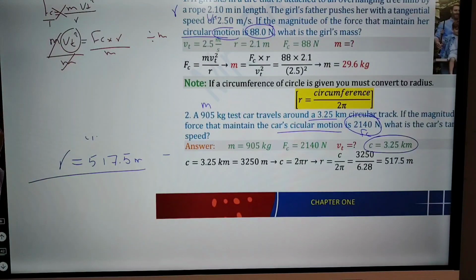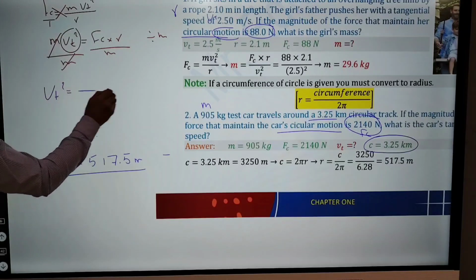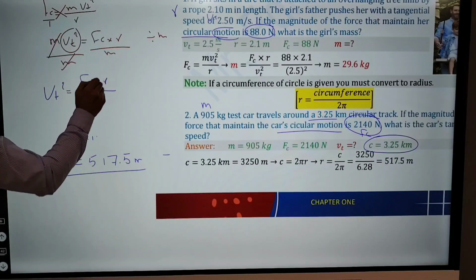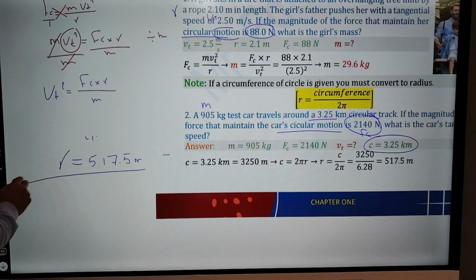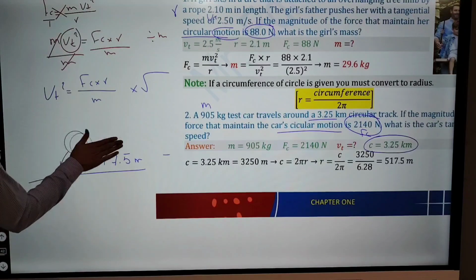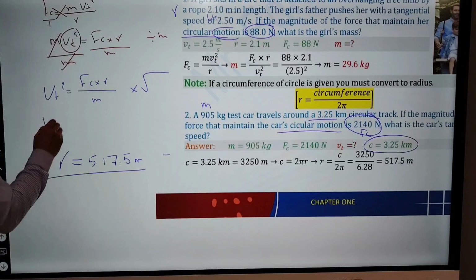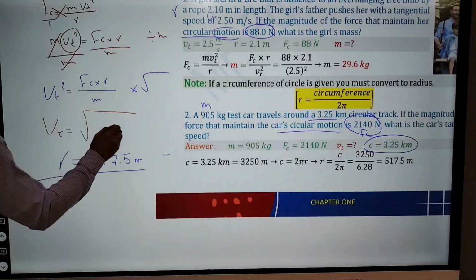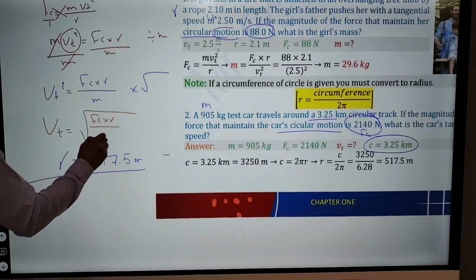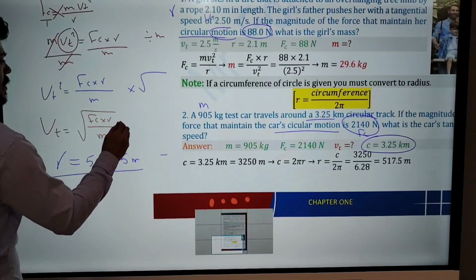What does remain? Vt squared equals Fc times R over M. Remove this square by taking the radical on both sides. So finally, Vt is equal to the square root of Fc times R over M.